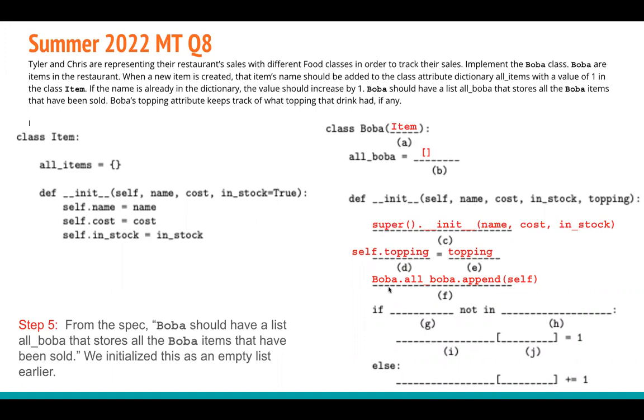It's important to remember that when we're accessing all_boba, we need to call Boba in the beginning or self in order to access that class attribute. We could do it either with the Boba class or just self, because an instance will have access to that class attribute, but we need to remember to use either Boba. or self. in front of all_boba. Any questions so far?